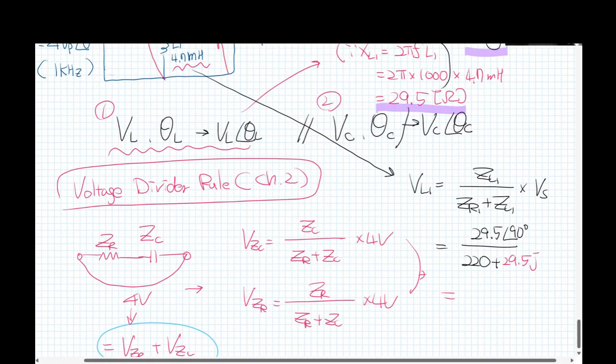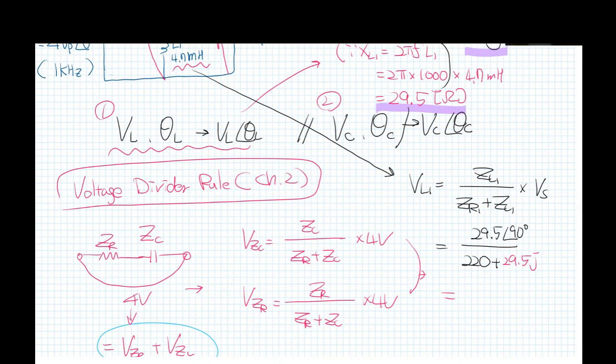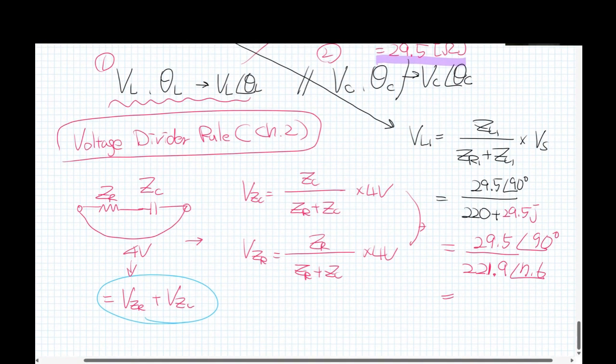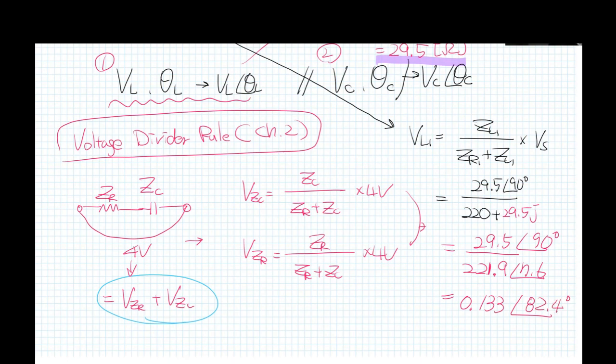After the calculation, converting from rectangular to polar, we get 221.9 at 7.6 degrees. So the 29.5 divided by 221.9 gives 0.133, and the angle is 82.4 degrees.